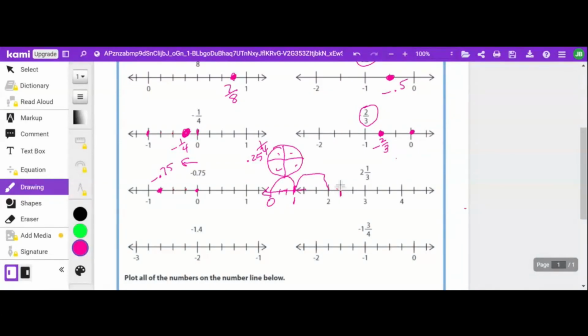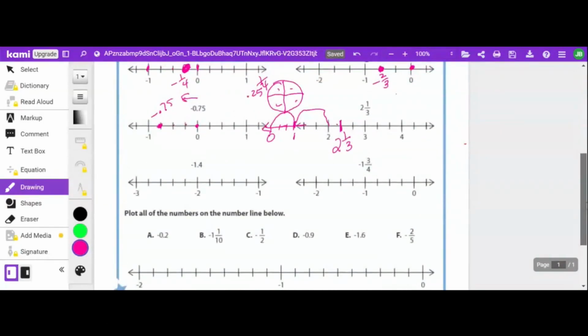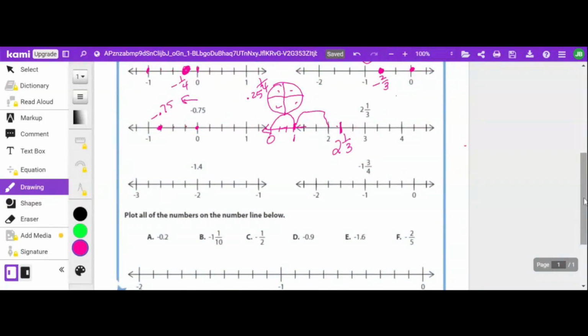Correct. One hash mark would be 2 1/3. All right. Let's look at the next one.